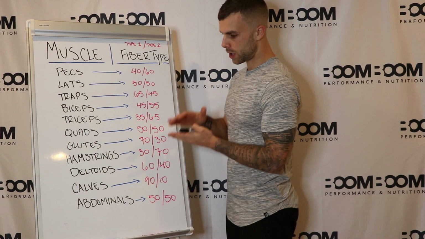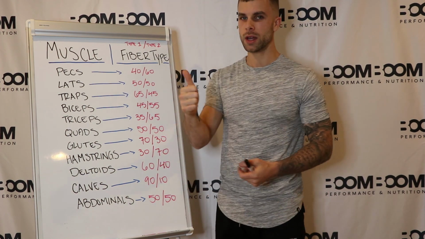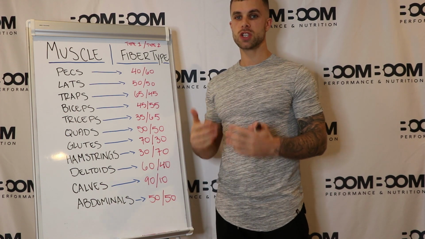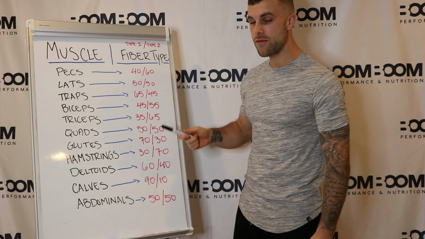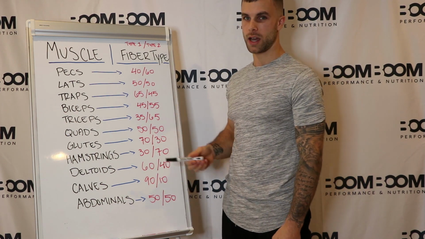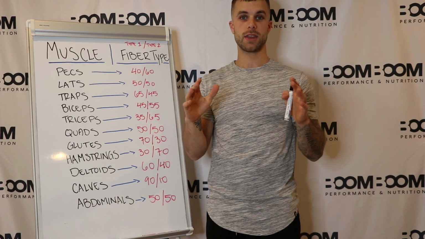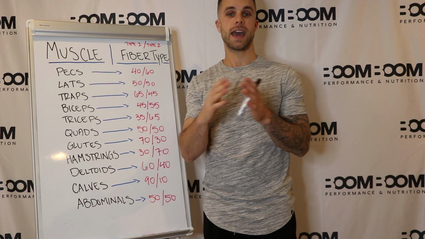The main point I wanted to get across to you guys here is, number one, it doesn't matter as much as people make it seem. Studies have shown the best benefit for every single muscle group, no matter what the dominance is, is to split your reps, sets, volume, intensity, and frequency in half.